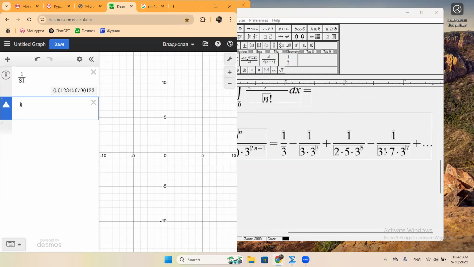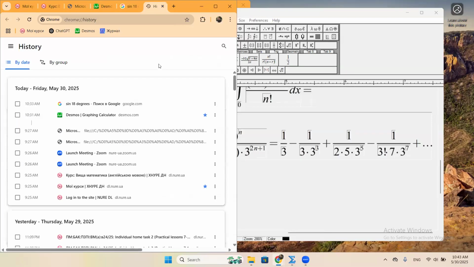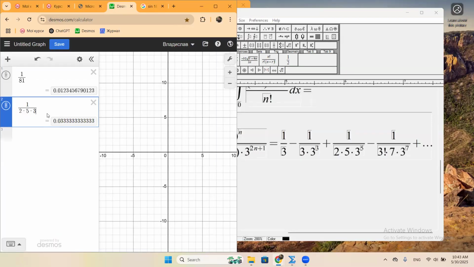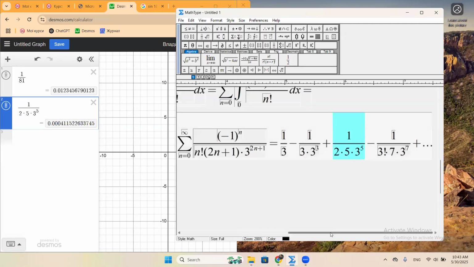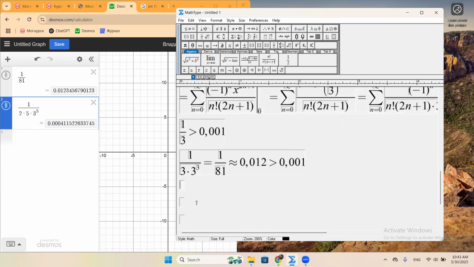So 1 over 3 factorial by 7, by 5, stop, 2 by 5 by 3^5. And it's less than the required accuracy.